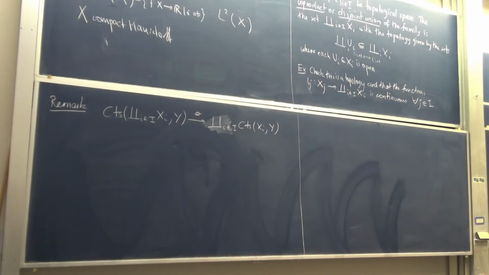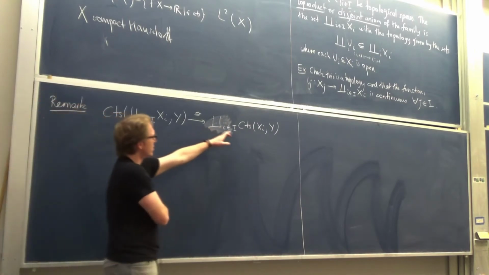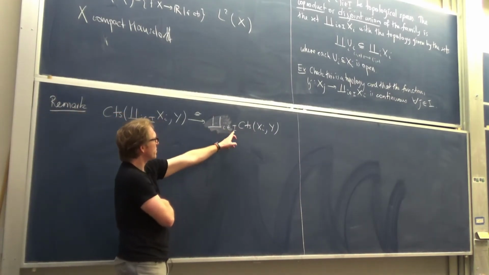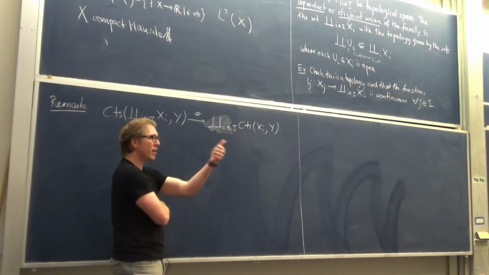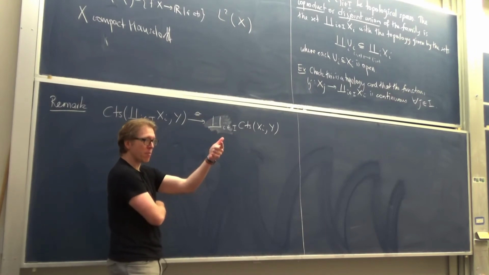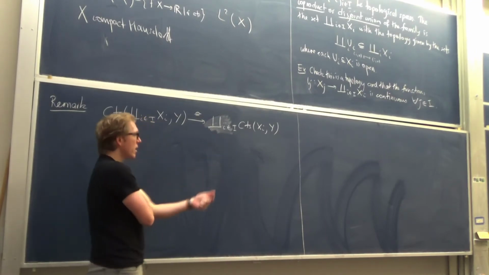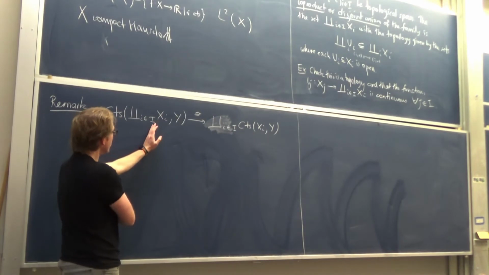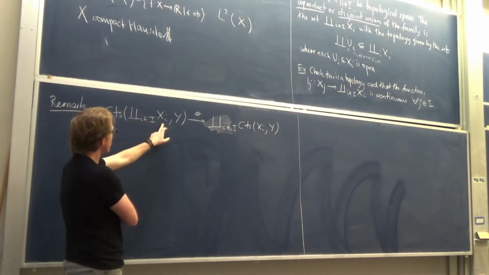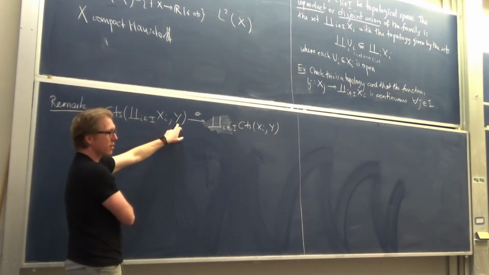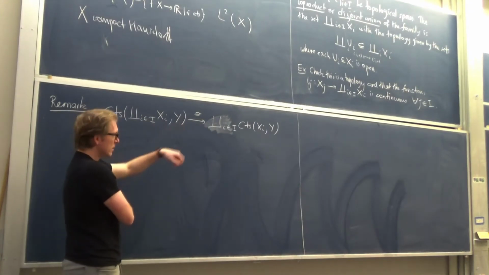Right, the right-hand side is the disjoint union of all those things. So to specify an element over there is just to pick an i and pick a continuous map from xi to Y. And that's precisely the same data as giving a continuous map from the disjoint union to Y.